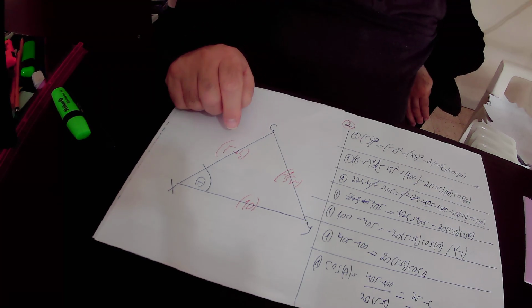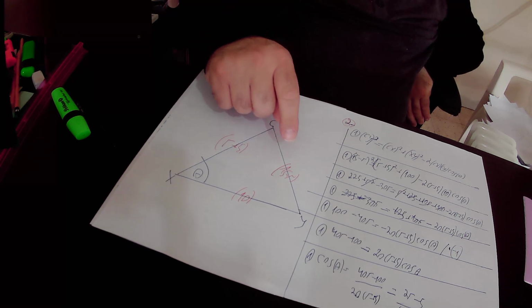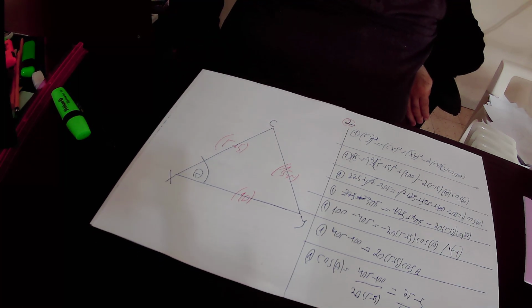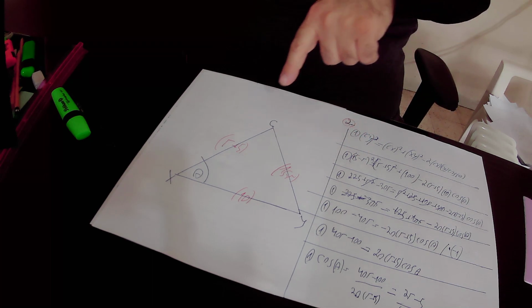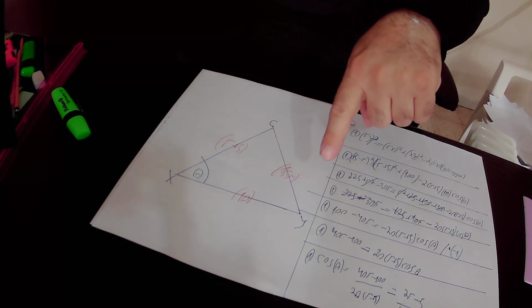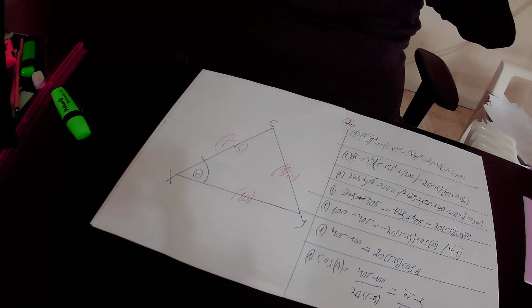We know that CX equals R plus 5, XY equals 10 units, CY equals 15 minus R. So we implement the law of cosines in this triangle CXY. According to the law of cosines, CY squared equals CX squared plus XY squared minus 2 times CX times XY times cosine theta.